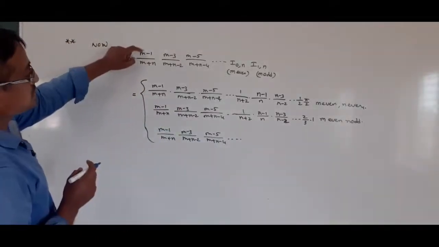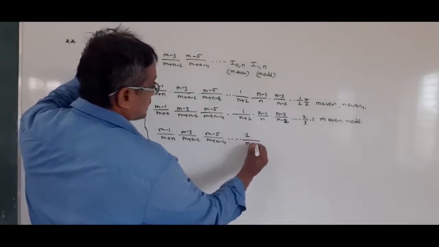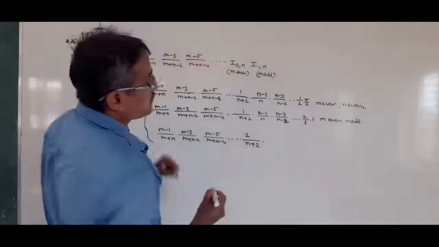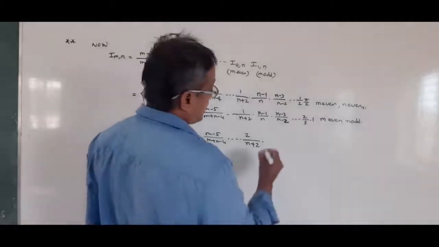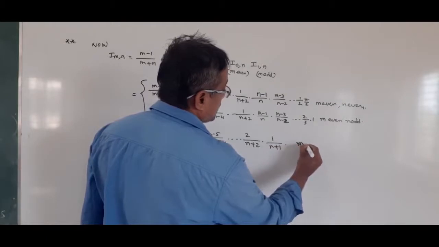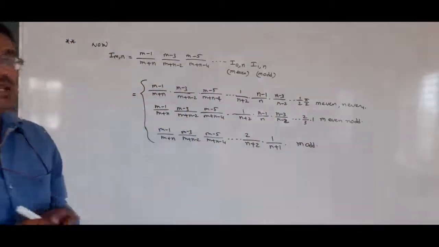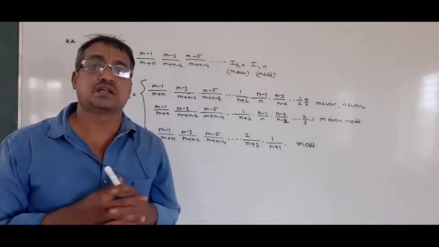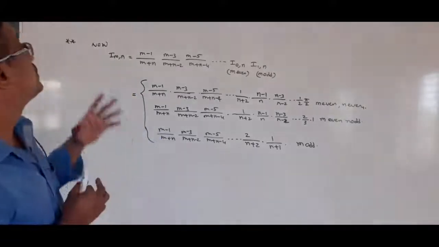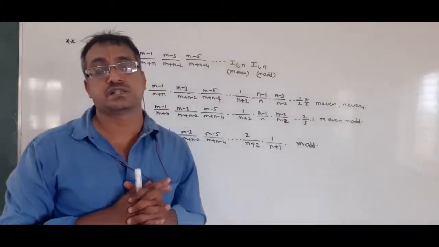Now for m is equal to 3, it will be 2 by (n plus 2) into, now we have I(1, n) as 1 by (n plus 1). That is when m is odd. That is the reduction formula of the integral 0 to pi by 2 sin power m x into cos power n x dx.